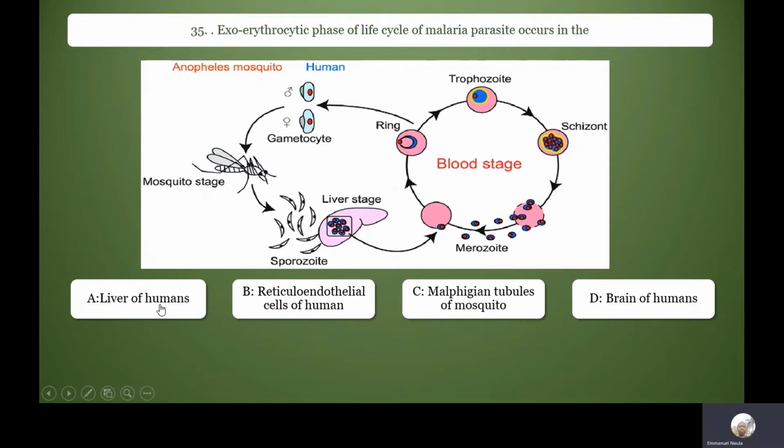When the female Anopheles mosquito bites humans, it injects the parasite into the human blood in form of sporozoites, and these invade our liver, where they develop into other forms that will invade our red blood cells. So option A is the correct option here.